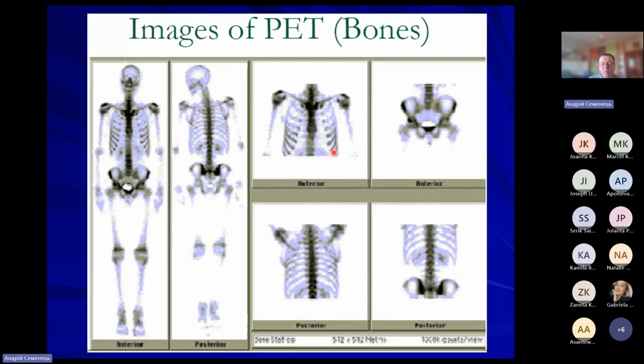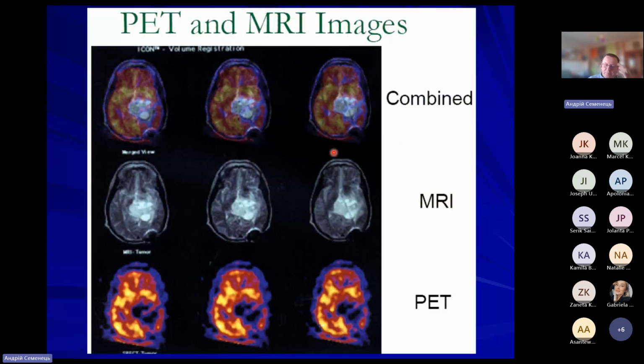And a relatively recent approach, in active development for less than 30 years, is the creation of combined images, which combine different modalities, different types of images, like combining MRI with PET images.